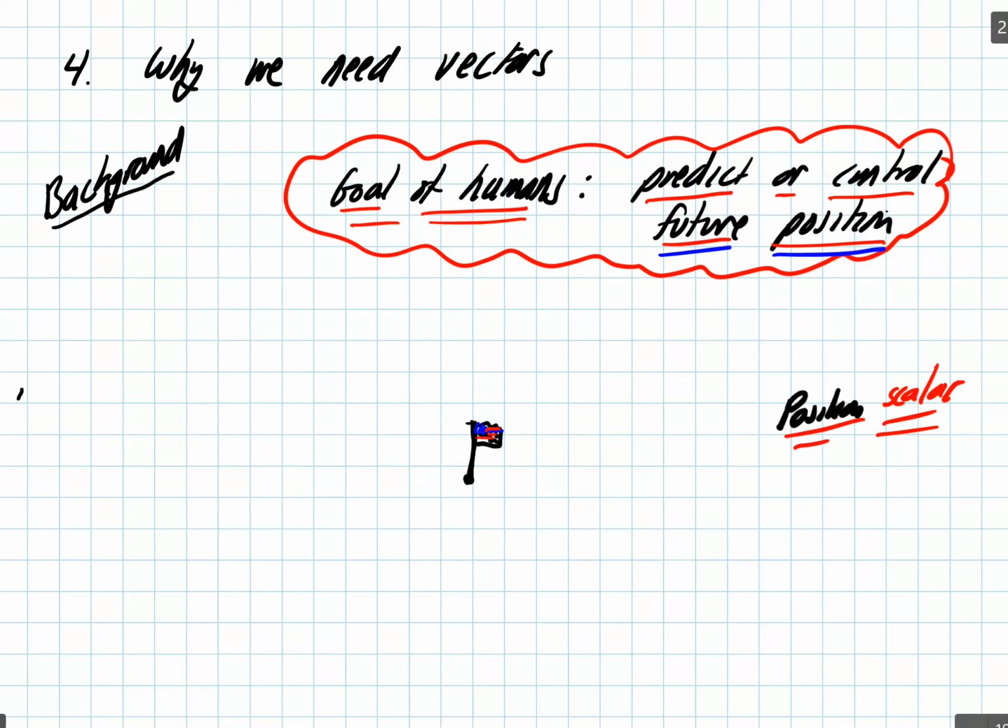Somebody says, I am 200 yards from the flagpole outside of Hazen. And that's it. They're saying, well, you say position is a scalar, therefore I'm not going to give you direction. I'm only going to give you the magnitude of position. So where are you? Well, that's a problem.